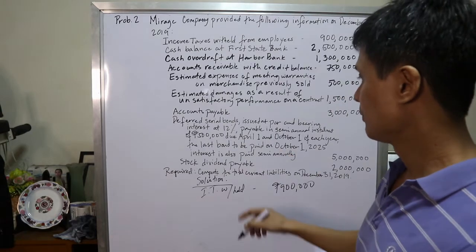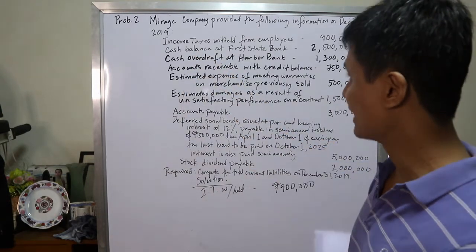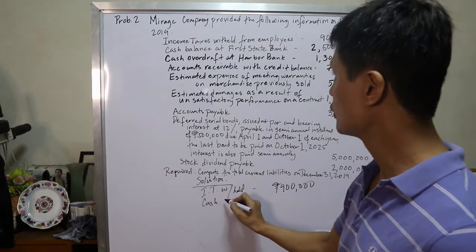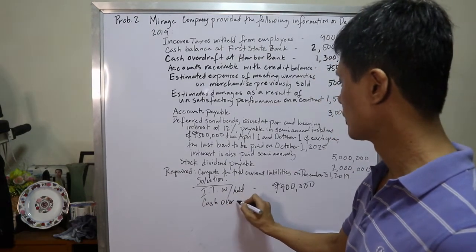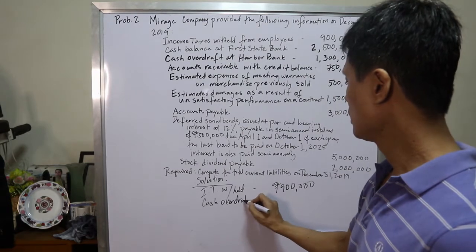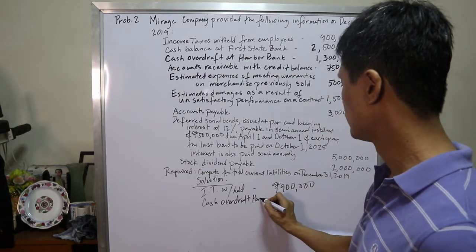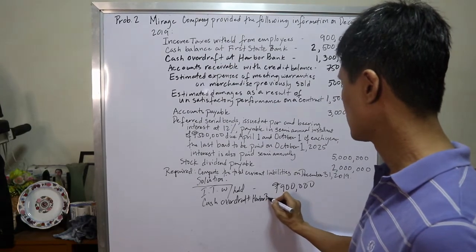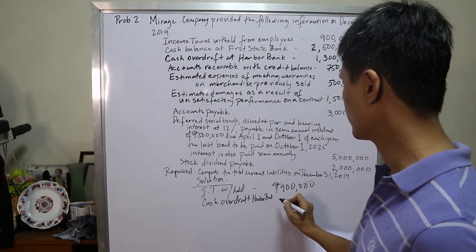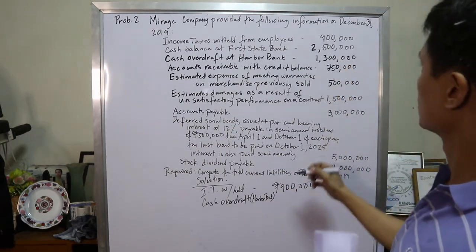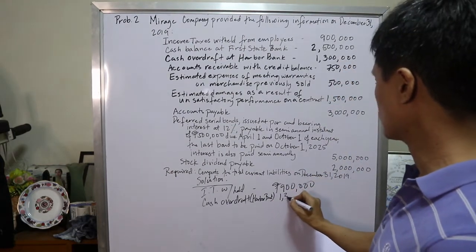So it should be classified under current liability. Let's put here cash overdraft, Harbor Bank. This is about 1,300,000.